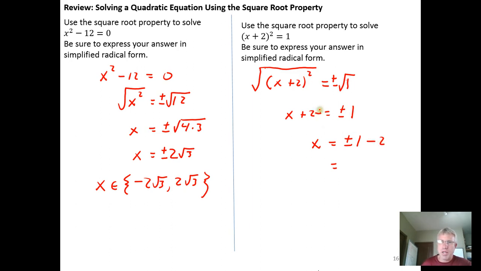And this is going to generate two answers. Positive 1 minus 2 is negative 1, and negative 1 minus 2 is negative 3. So we generate two solutions. And if I'm going to put it in set notation, I'm usually going to put the smaller of the two numbers first and the larger number second.